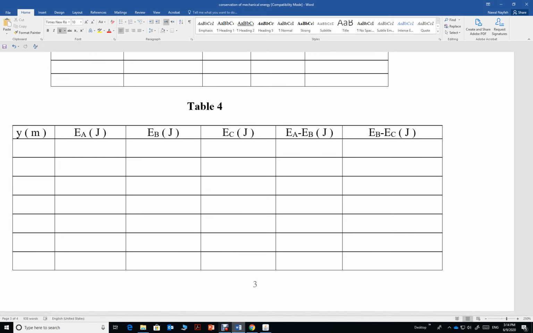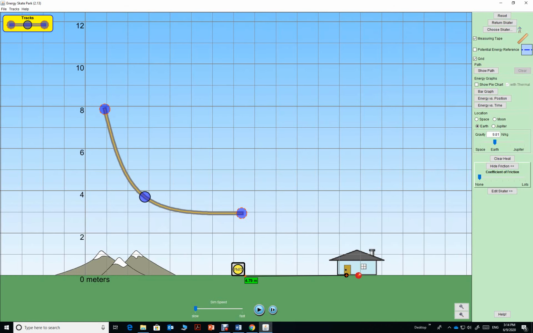You will find that the total mechanical energy at point A is the same as the total mechanical energy at point B, which is the same as the total mechanical energy at point C, for different y. So what does it mean? It means the total mechanical energy is conserved in the absence of what? In the absence of what we call the non-conservative forces.